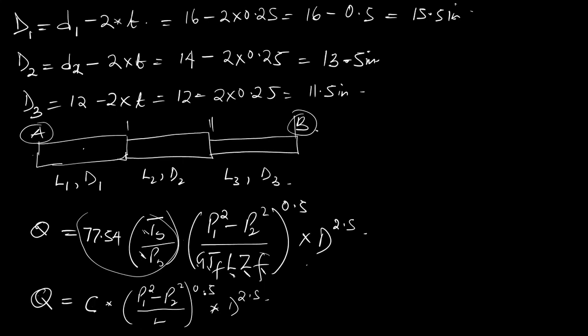All of these other terms will now become a constant. Now let's go to the next page. So that means we have Q equal to C times P1 square minus P2 square all divided by L, all raised to power 0.5, times D raised to power 2.5.